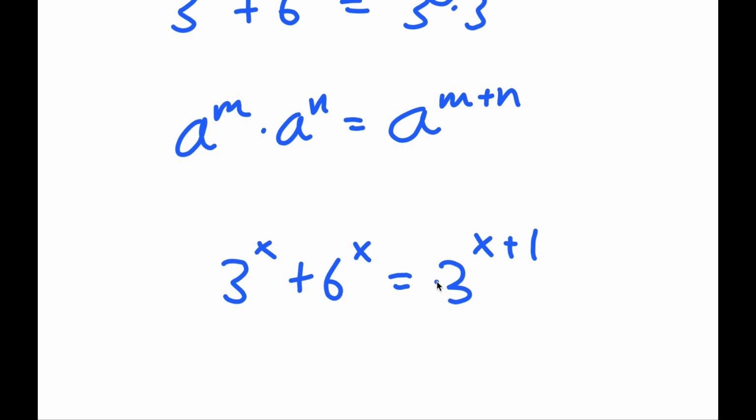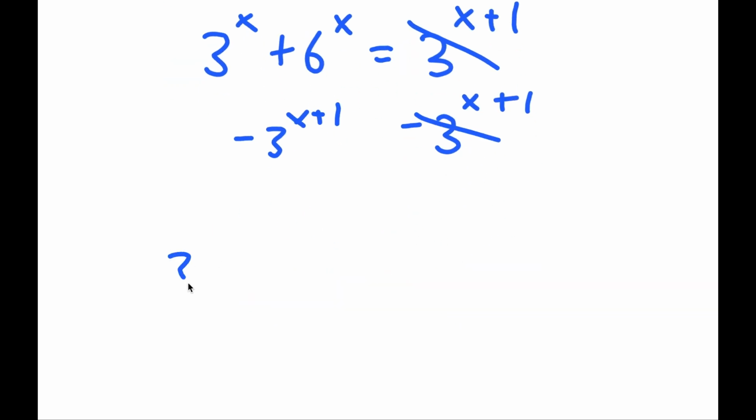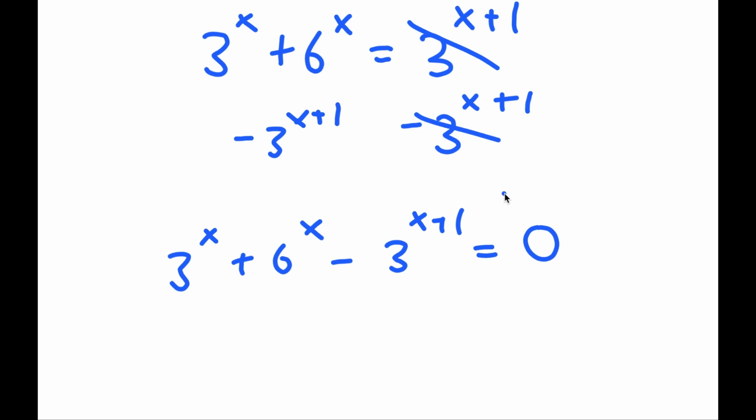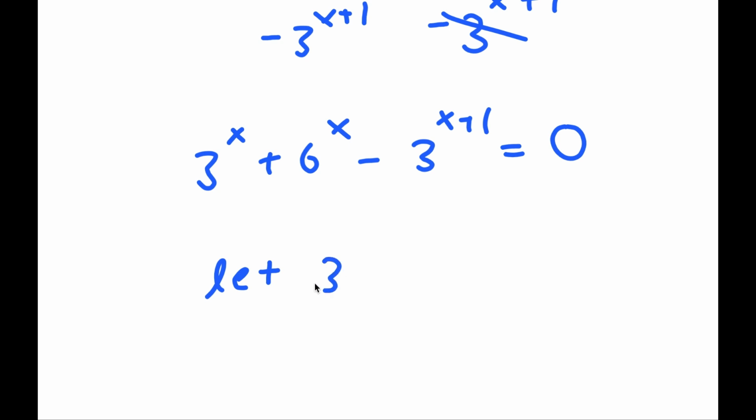From here, I'm going to subtract 3 to the power of x plus 1 on both sides. So I get 3 to the power of x plus 6 to the power of x minus 3 to the power of x plus 1 is equal to 0. And what I'm going to do is let 3 to the power of x equal the variable y.